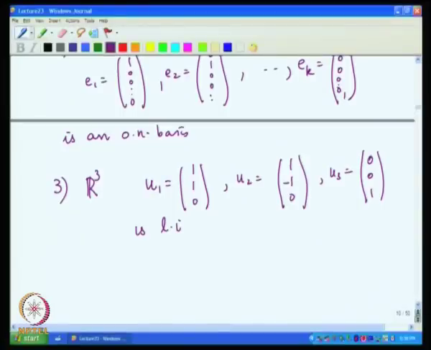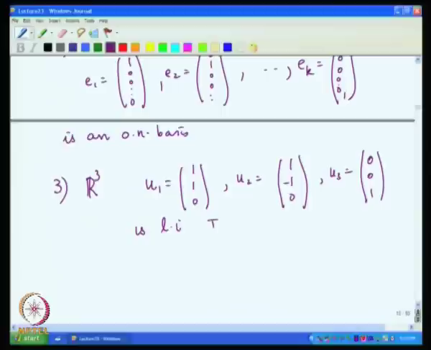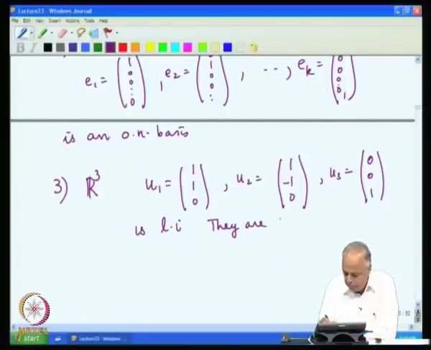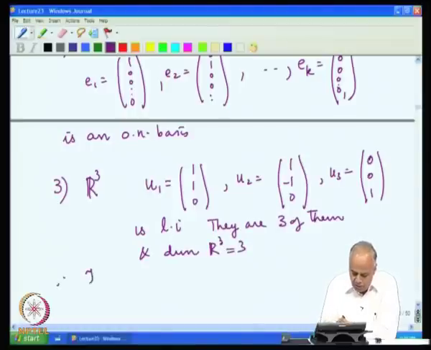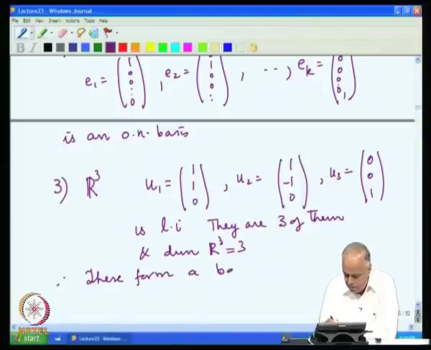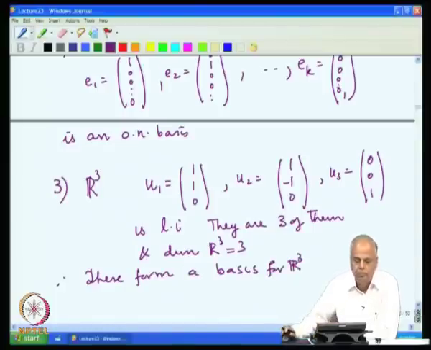For something to form a basis for R 3, any 3 linearly independent vectors in R 3 will form a basis. There are 3 of them, and dimension of R 3 is 3. Therefore, these form a basis. First thing we notice is that these form a basis for R 3.